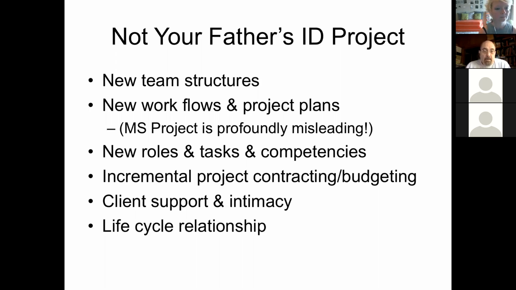Relationship with the client: incremental project contracting and budgeting is recommended. Because you cannot define the project at the beginning, and you do not assume that you know what the project is going to be, a fixed price contract is very high risk, both for the client and for you if you're a contractor. Therefore, the recommendation always is to try to talk the client into an incremental contract.